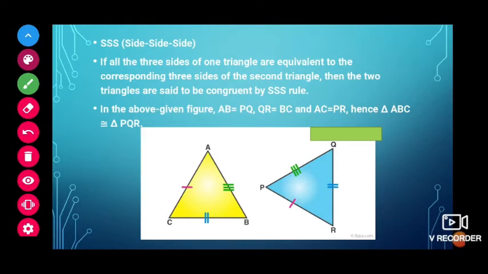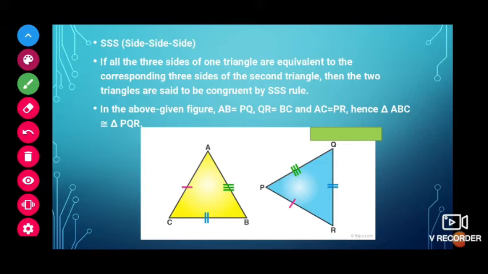Next, children, what are the different criteria we use to say whether the given triangles are equal or not? The first criterion is SSS, side, side, side. Whenever we follow these criteria, there are also theorems to prove them.